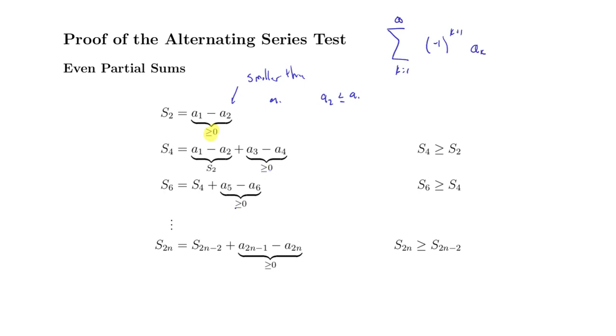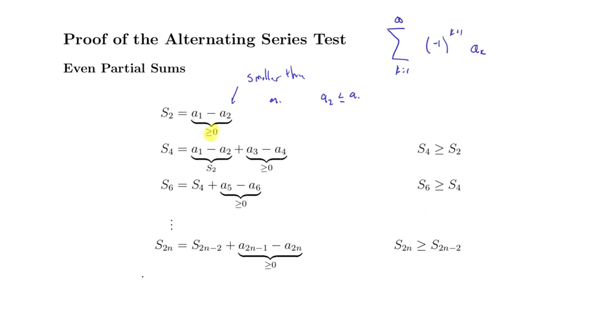And we can repeat this process by just looking at the next partial sum, which is going to be the original partial sum that we had, plus the next two terms, whose difference is positive, or at least non-negative. And so we have this continual inequality, where when we look at the even partial sums, s sub 8 is going to be greater than or equal to s sub 6, and s sub 10 is going to be greater than or equal to s sub 8.